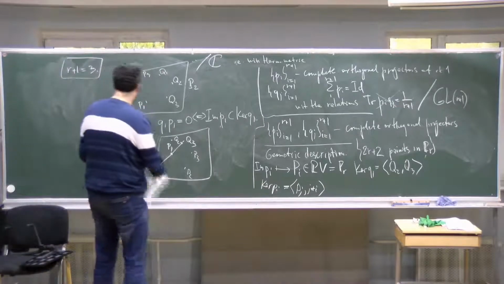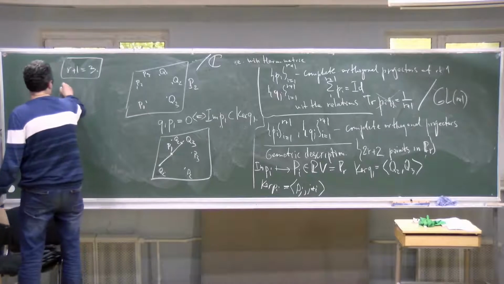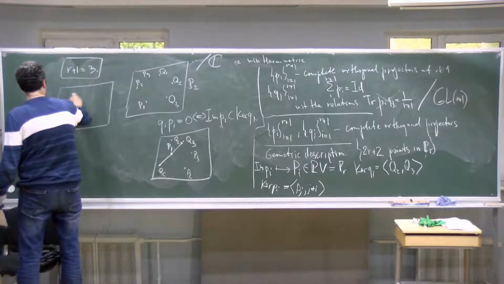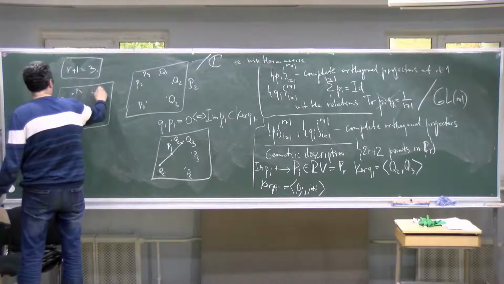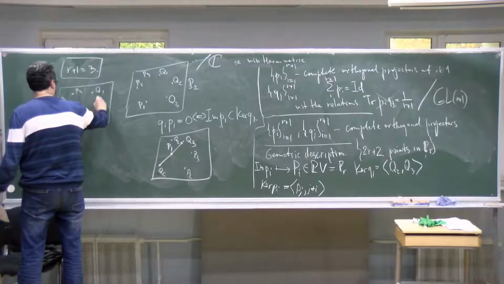So we can consider the following degeneration. Assume that there is a conic through these 6 points.